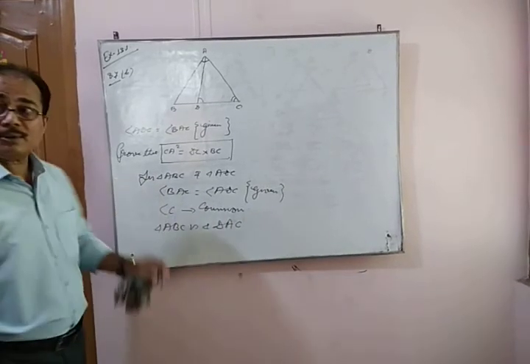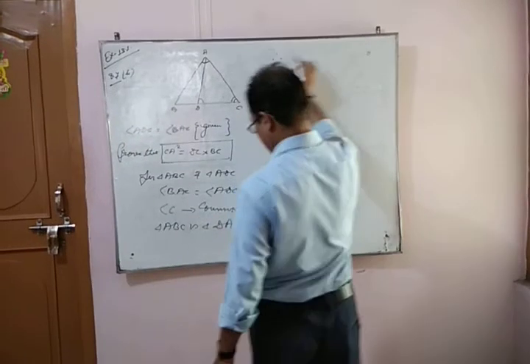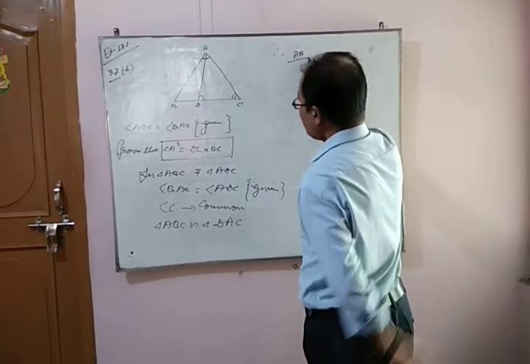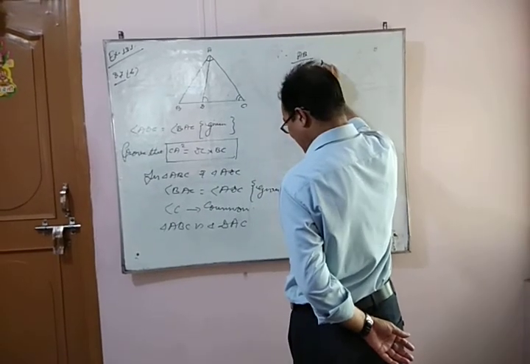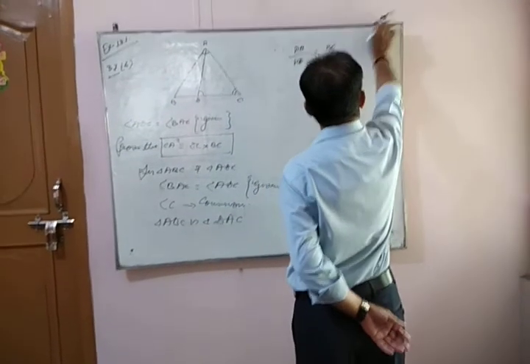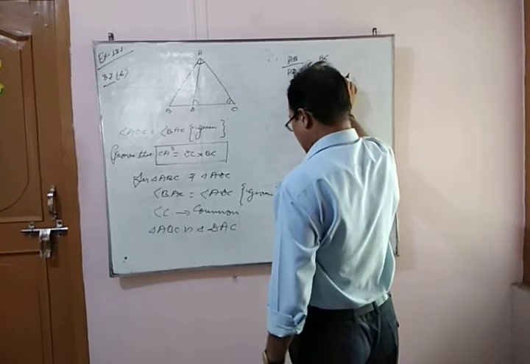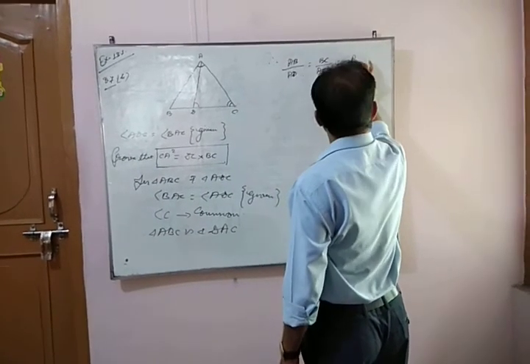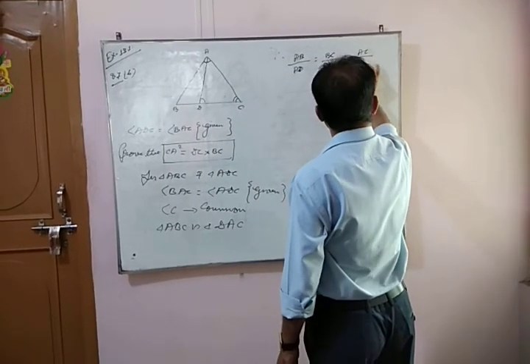Now you write down the principle of similarity. Therefore, AB by AD equal to BC by AC and equal to AC by DC.